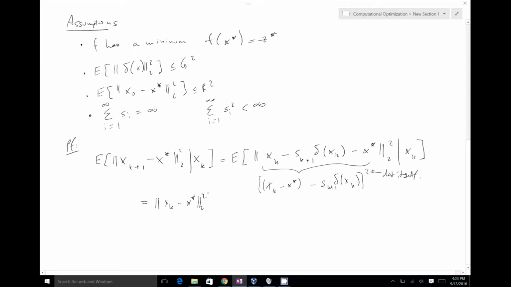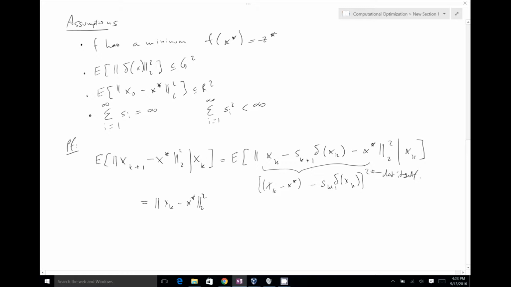Okay, so now let's think of the second term. The second term is going to be 2 times these things dotted together, right? So what is constant here given xk? Is this constant given xk? Absolutely. Is s_{k+1} constant given xk? Yeah, the step sizes are constant. They don't depend on where I am in the space, right? Is this constant given xk? Absolutely not. That's the stochastic subgradient, right? Okay, so let's write that out.